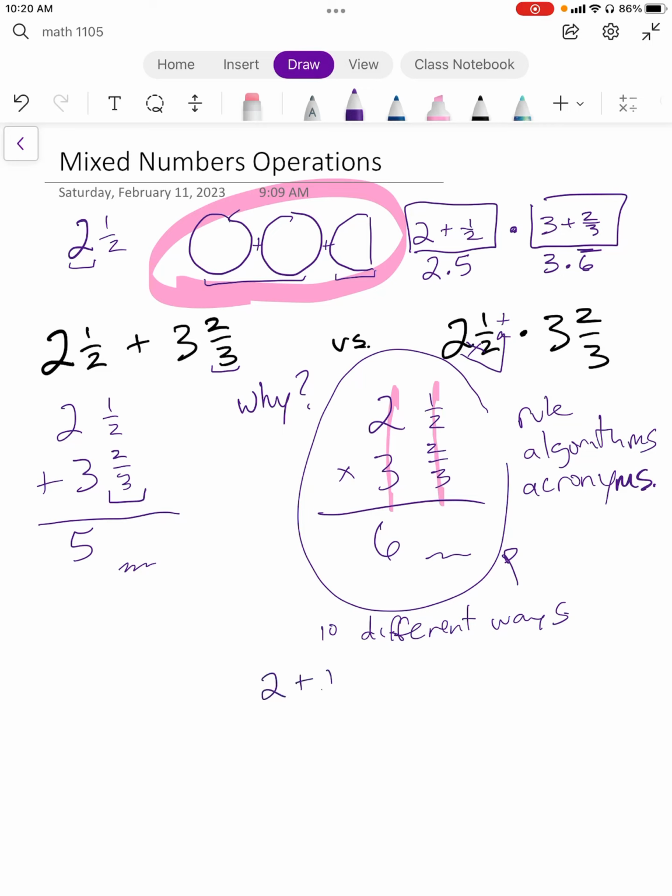So 2 plus 1/2 multiplied by 3 plus 2/3. If I only chose, let me get a different color here, we'll do rainbow, this one, which was here, 3 times 2, and this one.